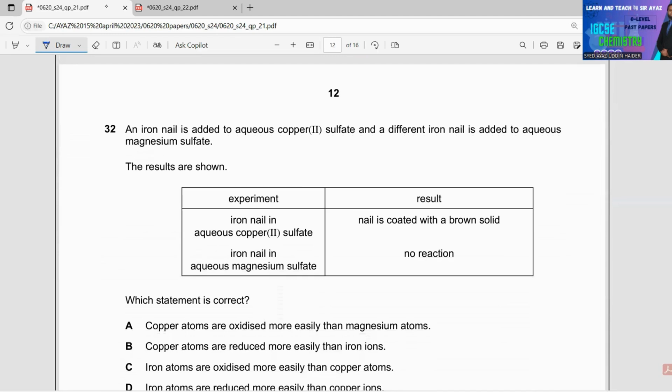32. An iron nail is added to aqueous copper(II) sulfate and a different iron nail is added to aqueous magnesium sulfate. The results are shown.